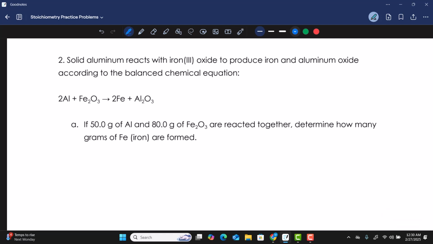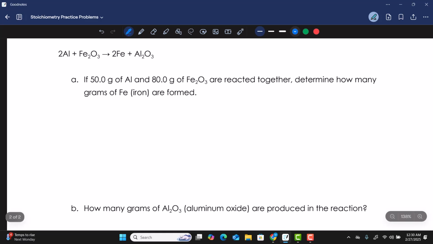So for our second example, we have solid aluminum reacting with iron 3 oxide to produce iron and aluminum oxide. So this is a balanced equation. And if it wasn't balanced, then we would need to balance it, but it is balanced, so we can move on to the next step.